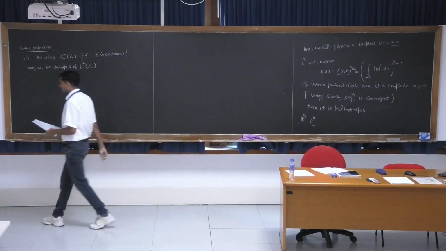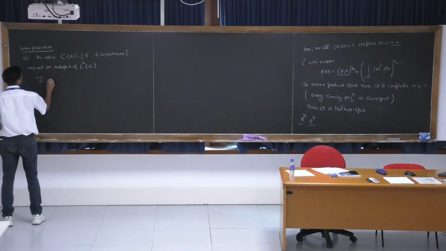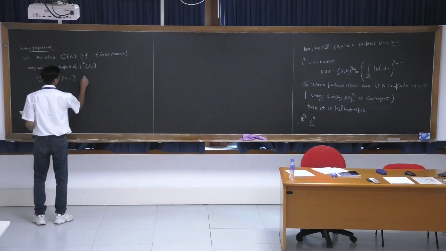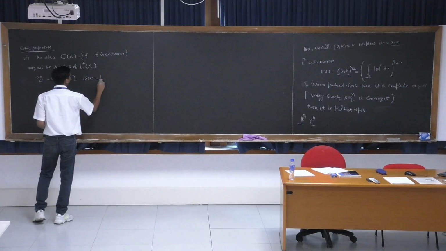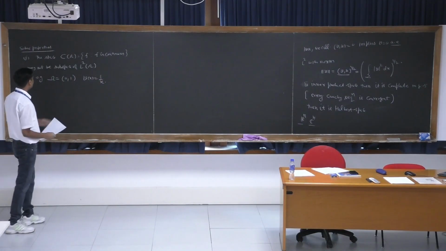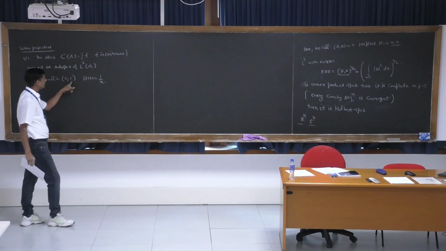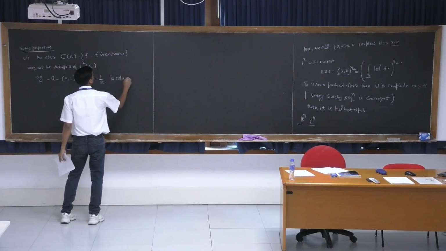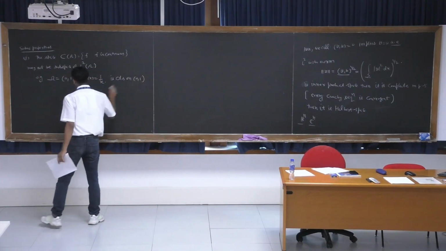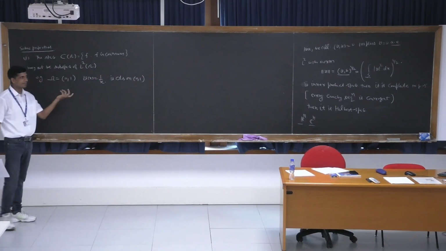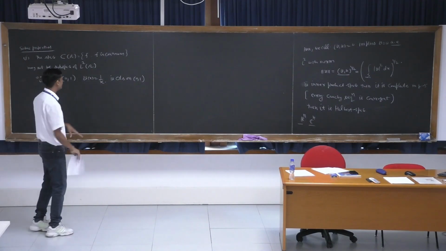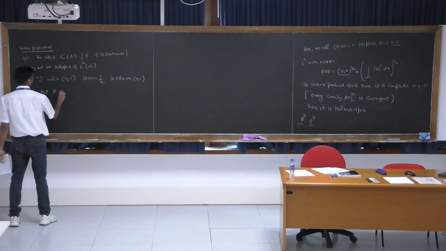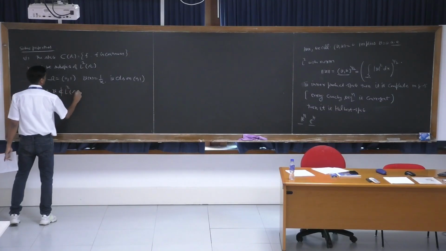How? I can give an example here. Again, consider the domain 0 to 1, open interval, and V of x equal to 1 by x. You can see that over this domain 0 to 1, V of x is continuous, because 0 is not included in this domain. So this is continuous, but V doesn't belong to the L2 space.